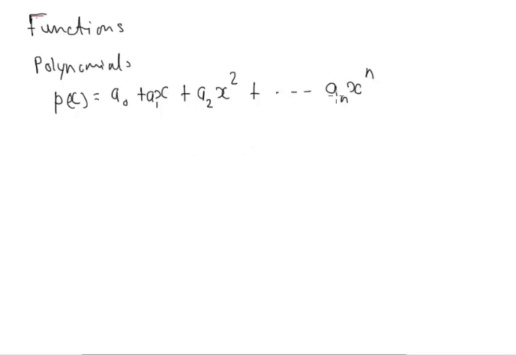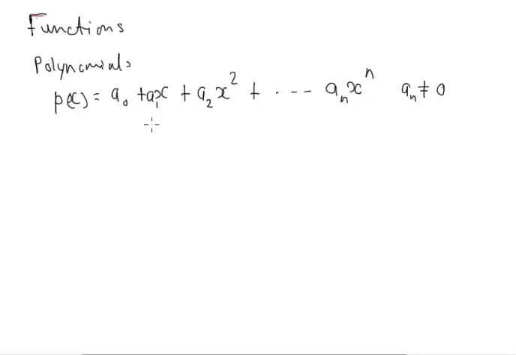Now, if it's like that and an is not equal to 0, then we say this is a polynomial of degree n. The degree of the polynomial is n.